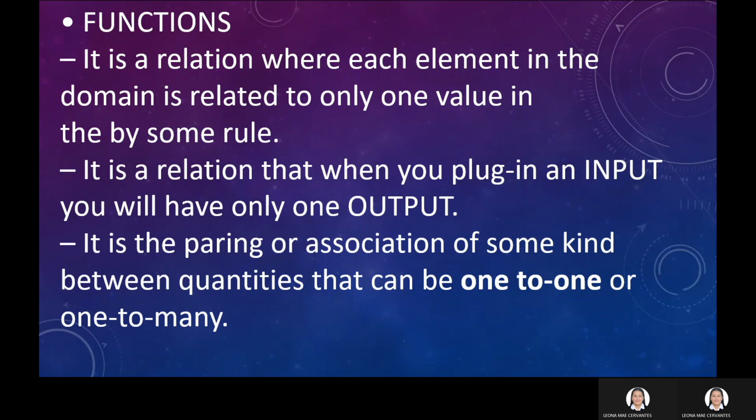So a function is used to describe how one variable depends on another. The number of hours the worker spends on his job is called the independent variable, while the amount of money he makes is called the dependent variable. Note that for each independent variable, there exists only one corresponding dependent variable.